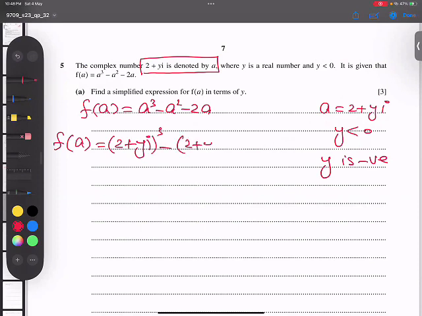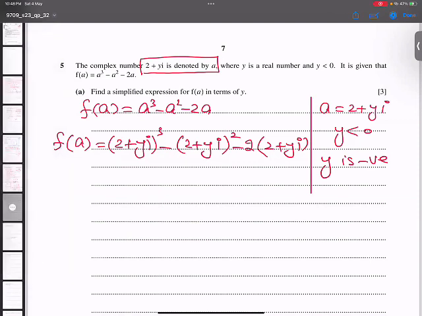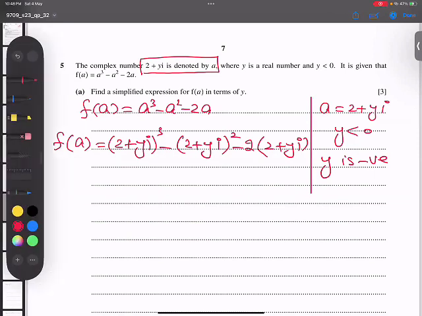So 2 plus y iota to power 2 and 2 times 2 plus y iota. Okay, students, let me recheck. 2 plus y iota, 2 plus y iota, correct. Okay, so this equation I call number 1. I will solve this, and then I plug it in here. So first of all, start from the square.